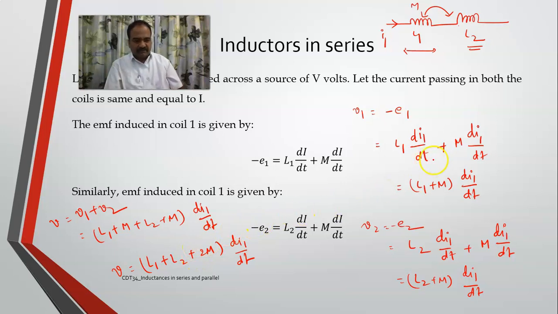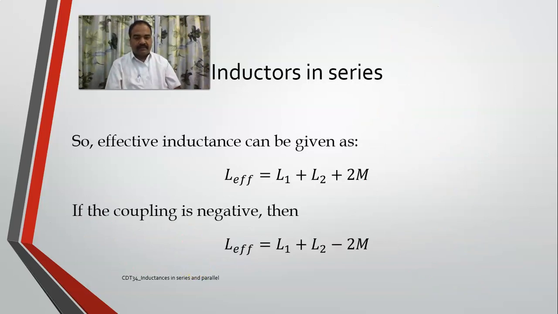Now let us suppose the mutual inductance is opposing, then I'll get L1 minus M here and L2 minus M here, so I'll get L1 plus L2 minus 2M. So if the mutual coupling is aiding the fluxes, I'll get plus 2M. Otherwise I'll take it as minus 2M.